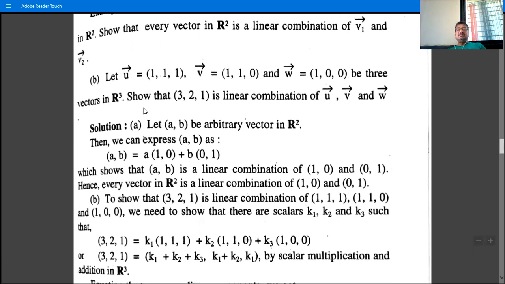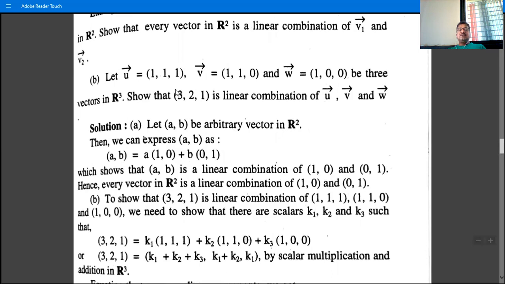Denote (3, 2, 1) by a new notation, say x bar. Then we write: let k1, k2, k3 be scalars such that x bar is equal to k1 u bar plus k2 v bar plus k3 w bar.